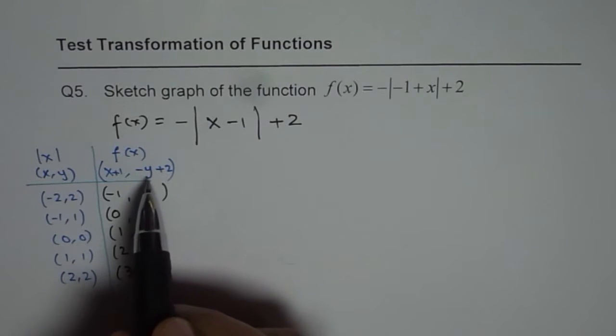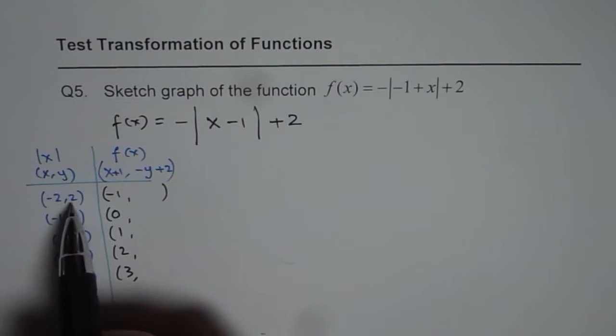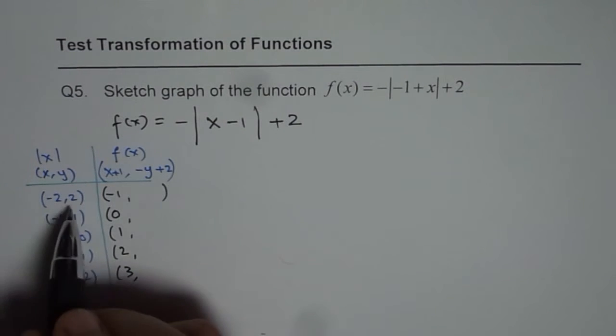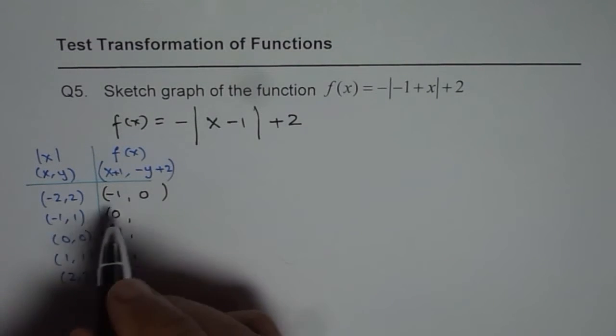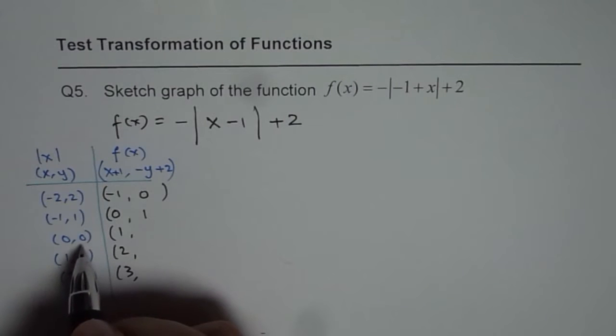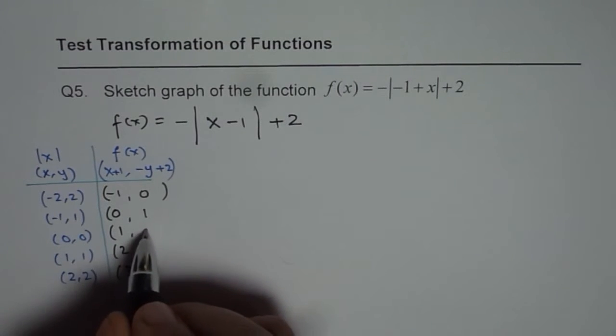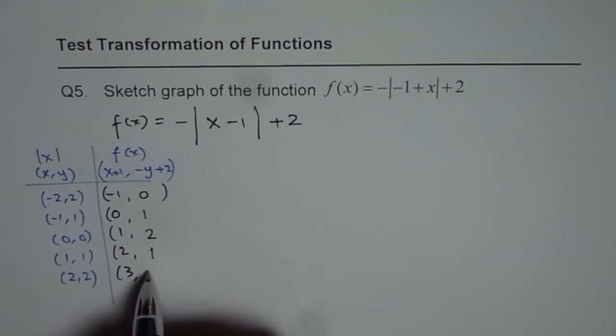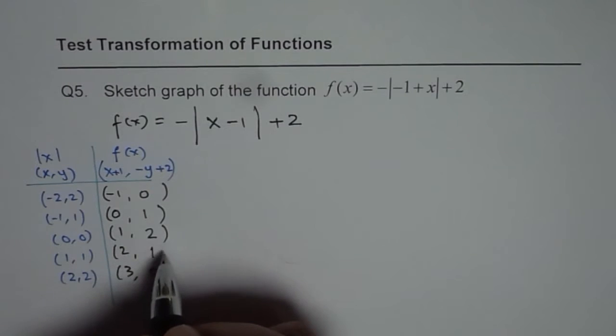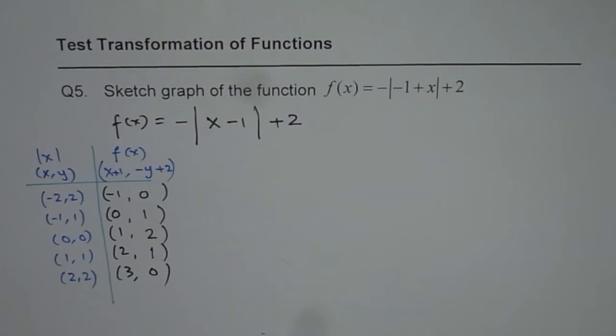As far as the y values are concerned, take the negative of these numbers and then add 2. Negative 2 plus 2 is 0. Negative 1 plus 2 is 1. Negative 0 is 0, plus 2 is 2. Negative 1 plus 2 is 1. Negative 2 plus 2 is 0. So these are the transformed points.